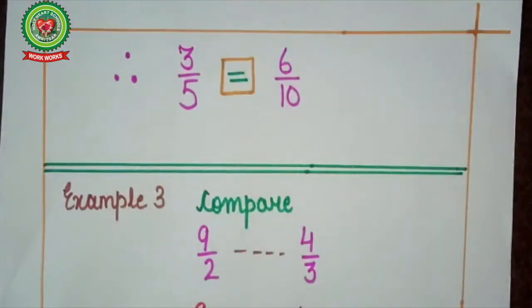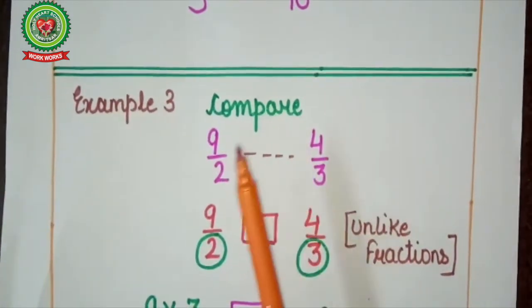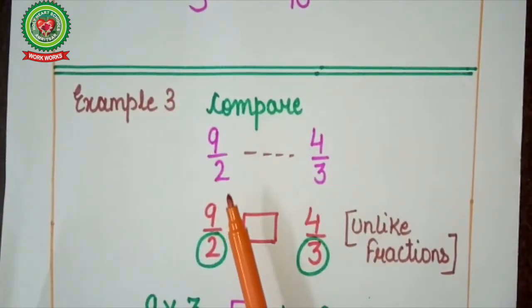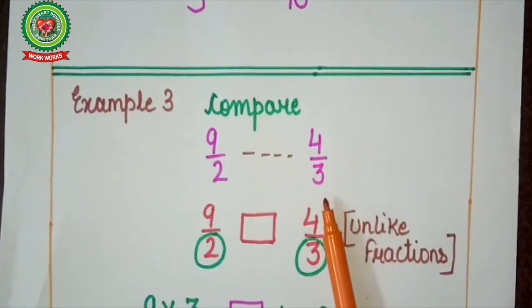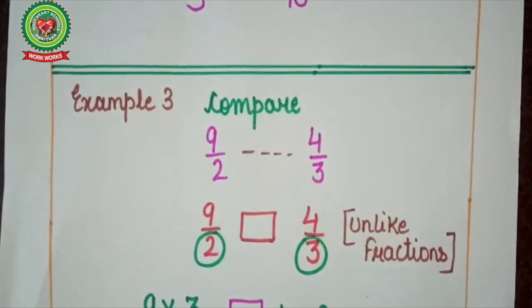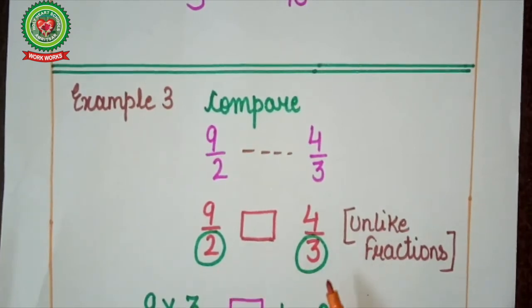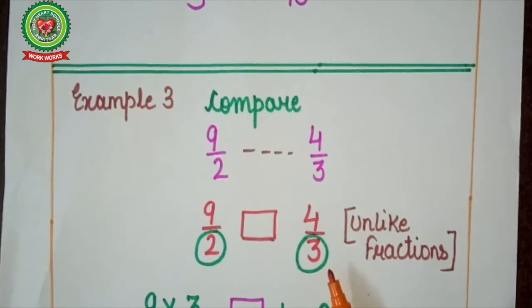Now let's see the third example. Here you have to compare 9 upon 2 and 4 upon 3. First of all, check the denominators. Here denominator is 2 and here denominator is 3. Denominators are not same.